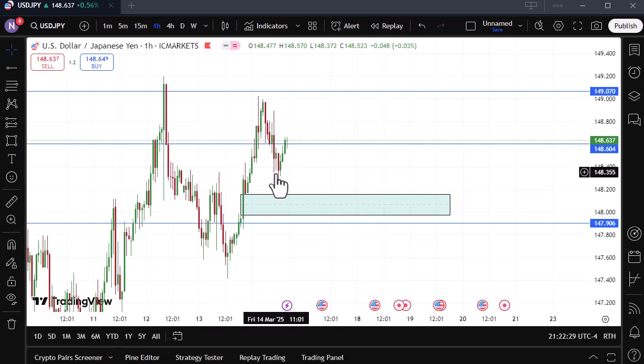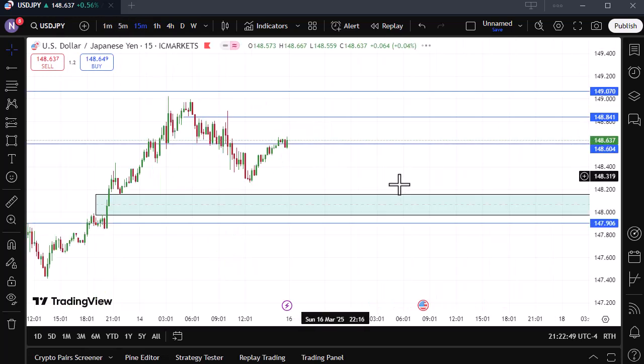The market on Friday stopped here, so we have one gap here, so we expect the market to come up and fill the gap on this side here. This week has taken, to fill this gap, but let's draw down to 15 minutes to see if the week has formed.